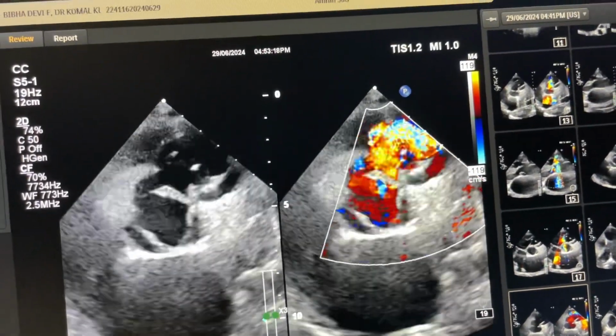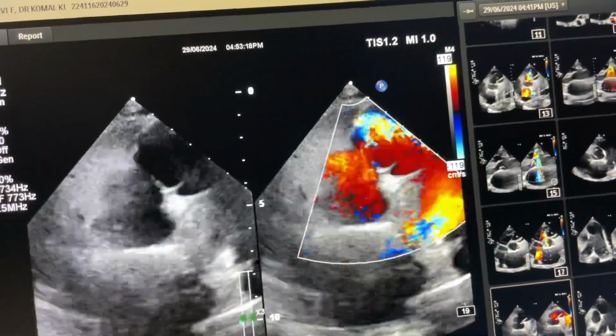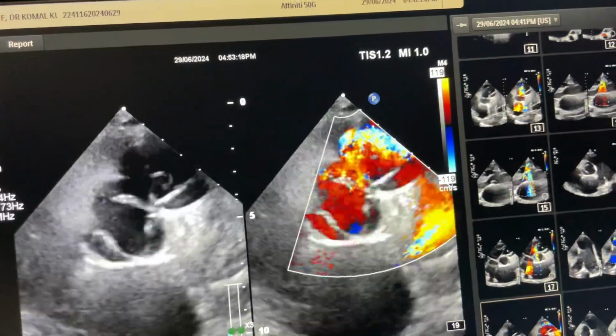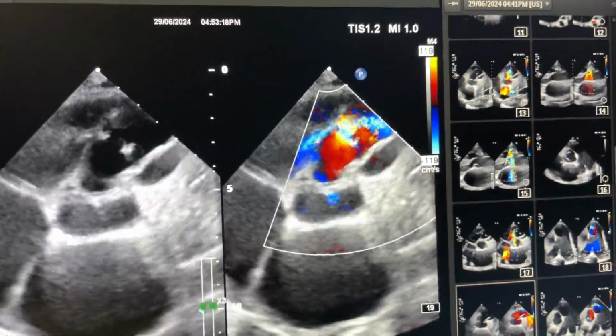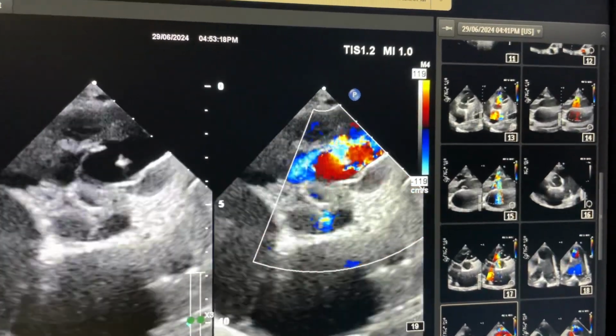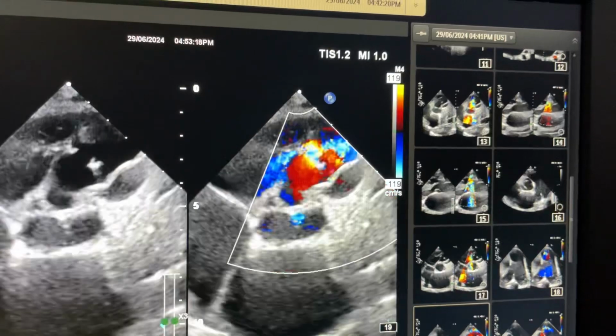So whenever you find this kind of image, if you have confusion with RSOV, that will have flow only during systole. It will not be a continuous one. So whenever you find continuous flow at the interested part, in that case it has to be ruptured aortic sinus.